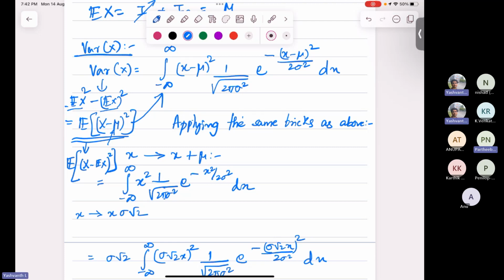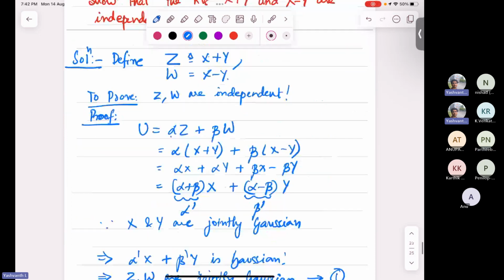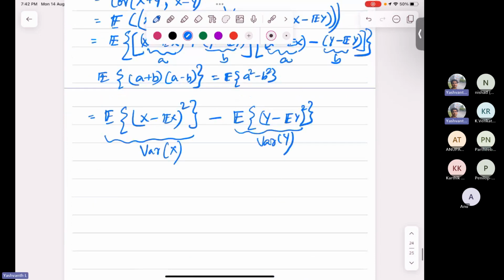Now you see here what I have. I have the same thing here. X minus mu is expectation of x. But I know the question says variance of x is the same as variance of y, and I have a minus, so this is 0. Right?